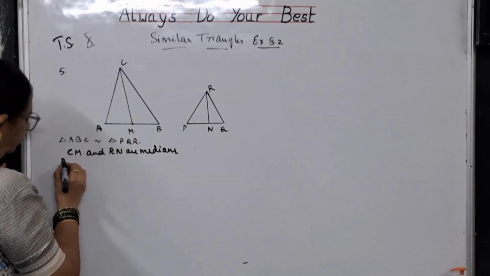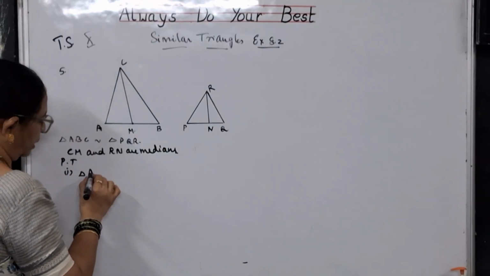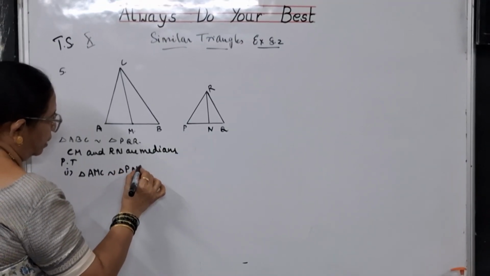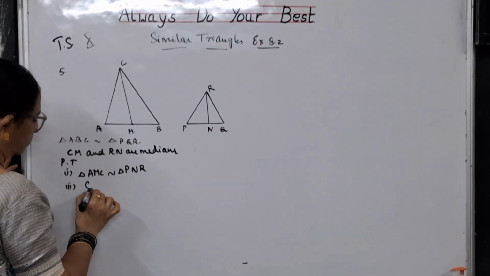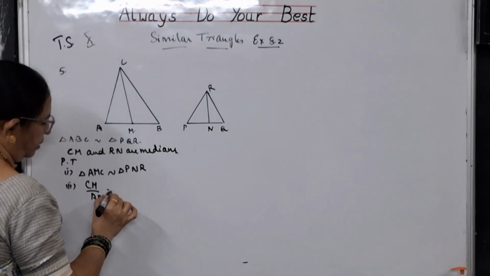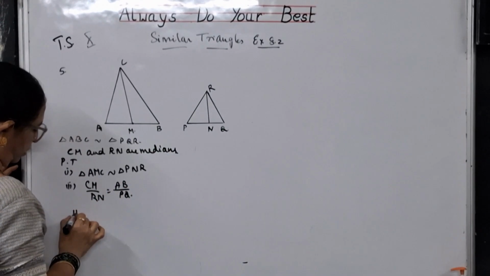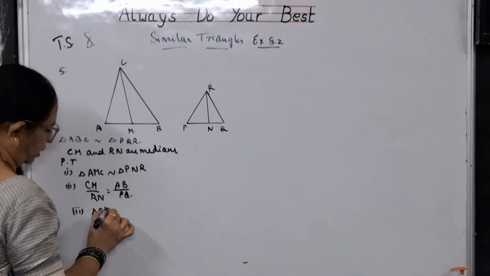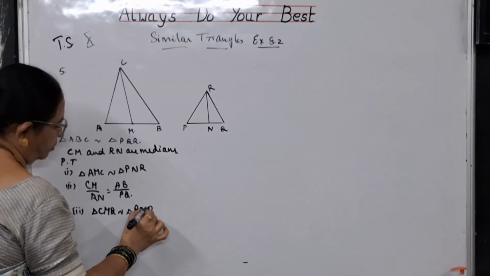Now you have to prove that first bit, triangle AMC is similar to triangle PNR, and second bit, CM by RN is equal to AB by PQ, and third bit, triangle CMB is similar to triangle RNQ.